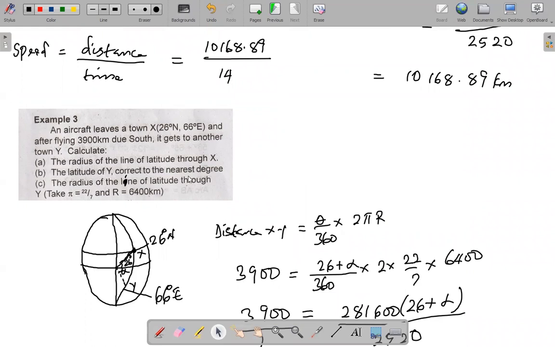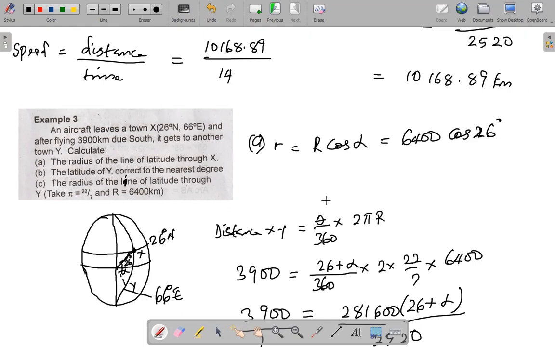The radius of the line of latitude is r equals capital R, the radius of the earth, times cos alpha. The latitude of X is 26, so that will be 6,400 cos 26.